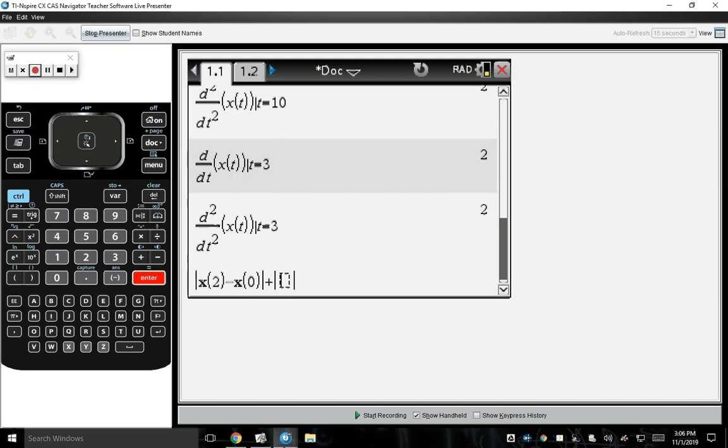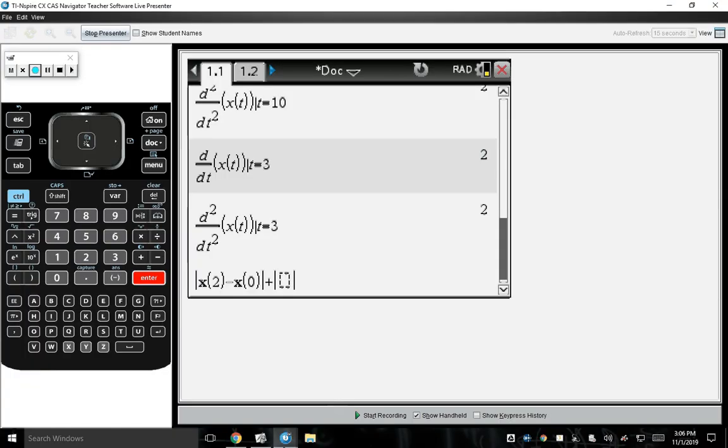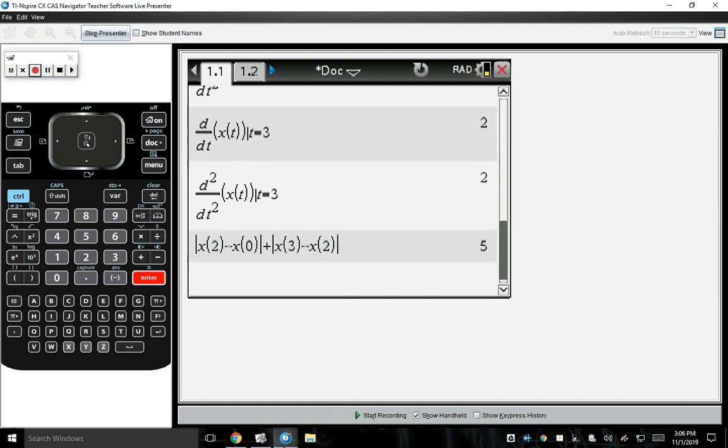Remember, total distance traveled, we need these absolute values because we're accounting for both backward and forward displacement all in one like positive huge total, okay? And this last one was x of 3 minus x of 2. So we'll say x of 3 minus x of 2. In other words, the final position minus the initial position of that time interval, and we get 5, just like we got over here.